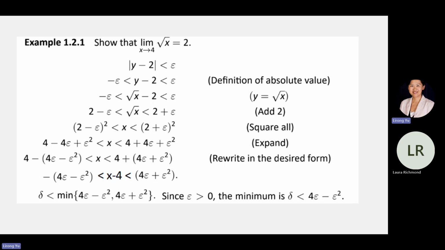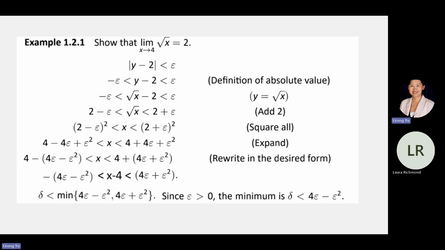And then lastly, we have x minus 4 bounded between this upper boundary and this lower boundary. But we're not trying to find the x minus 4 boundary. We're trying to find the boundary for the x value. So what's the x value for x minus 4? You can see this is the upper boundary and the lower boundary. We don't know which one is the true boundary for x minus 4, so we choose the smaller one.